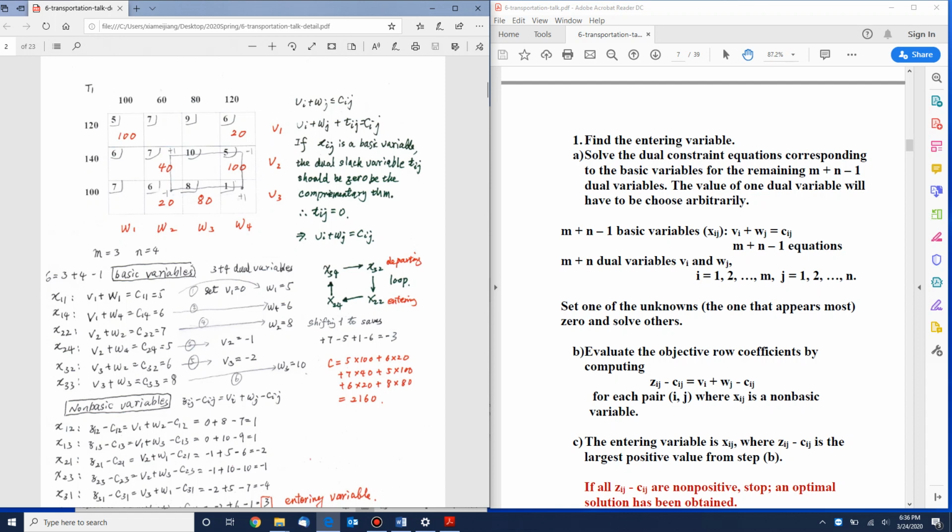For example, for x12, we simply work out z12 minus c12, that equals V1 plus W2 minus c12, that equals 0 plus 8 minus 7 equals 1. And we work on all of them.